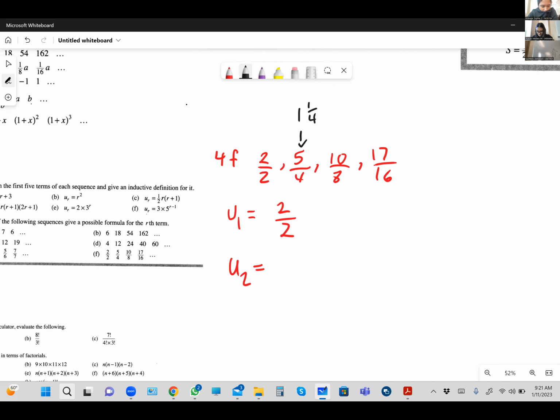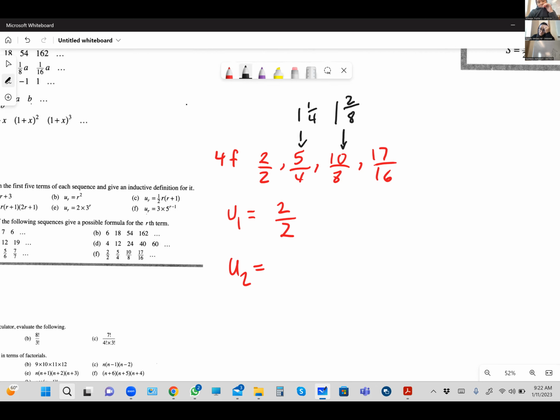Let me see what this one is. This is going to be 1 2/8. Is that correct? 1 2/8? That's actually going to be 1 1/4. I don't like that. Give me a second.